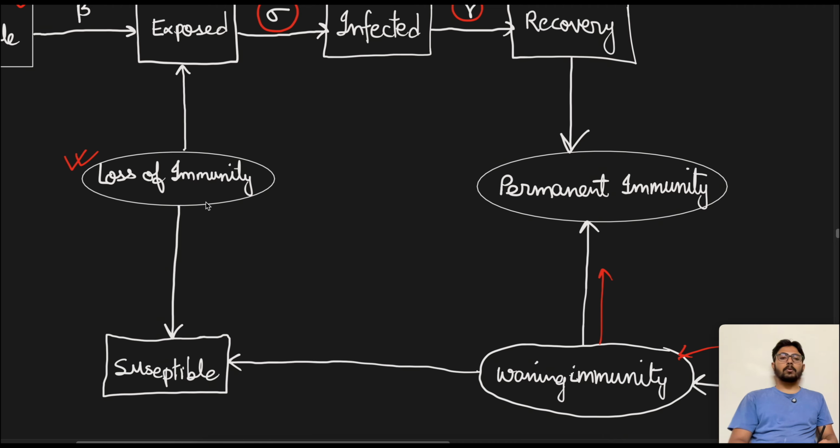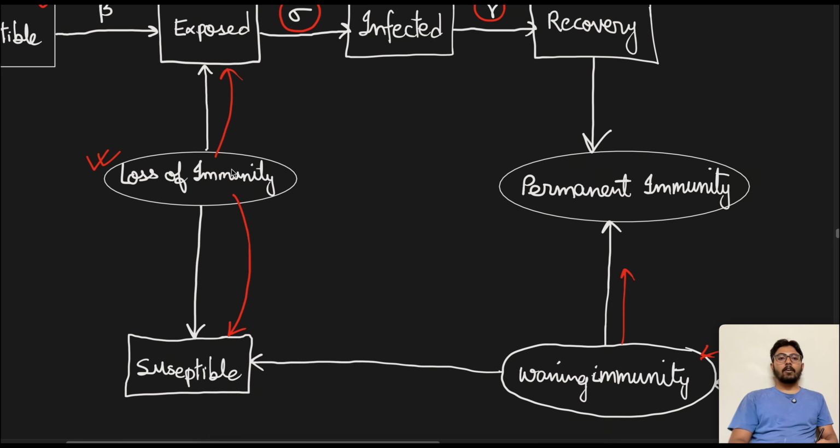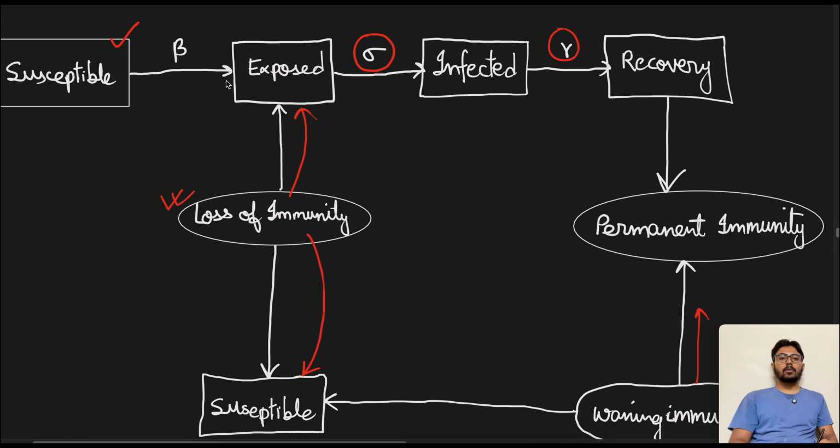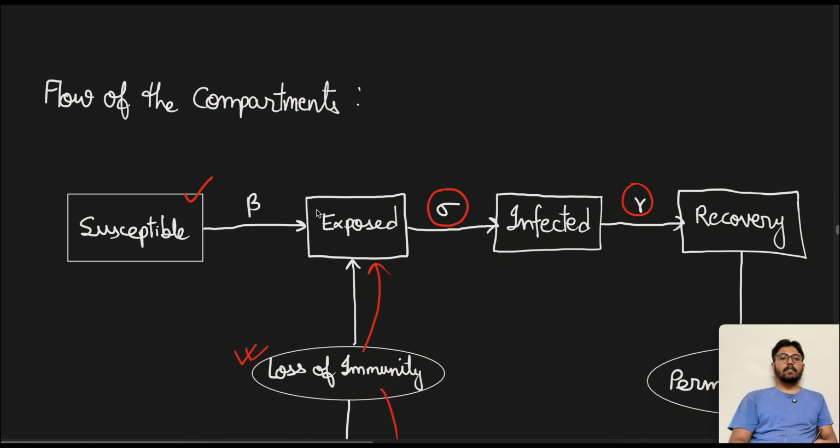If a person loses immunity, he can either become directly exposed by getting the infection, or he may first become susceptible and then follow the beta rate to the exposed section and so on. So that was the flow of components that we will have in this particular SEIR model.